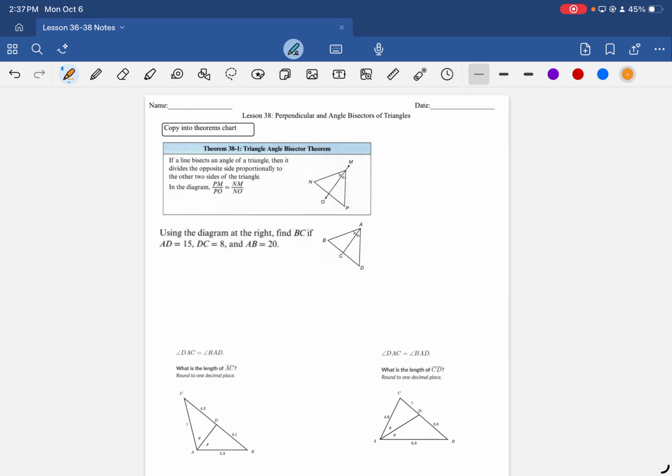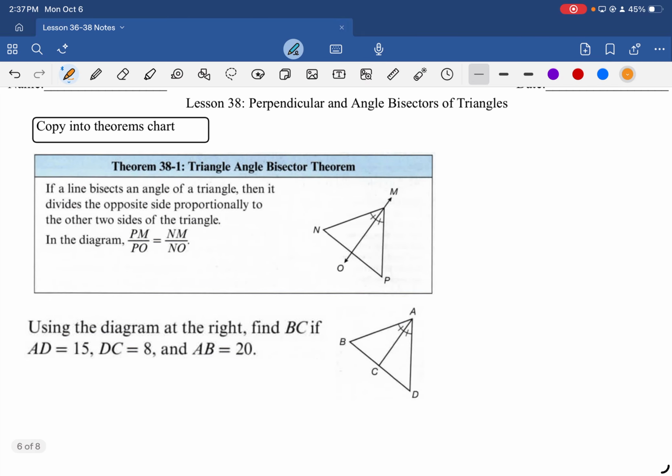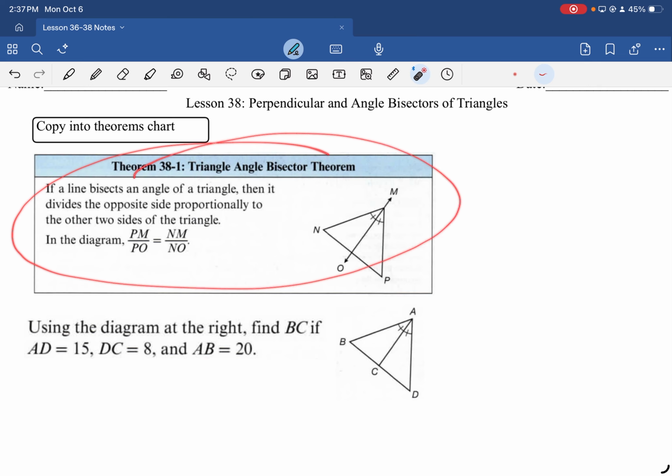All right, moving on to the last lesson of the day. Lesson 38, which is perpendicular and angle bisectors of triangles. So this is in your theorems chart right here.